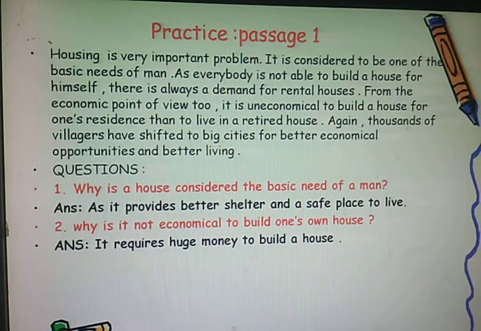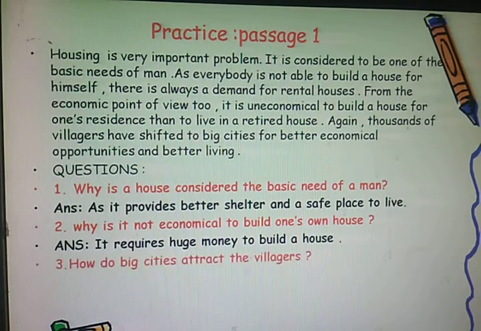Write your answer in the comment box. Check your answer, who is right and who is not. Question number 3. Again, I am giving you 1 minute. Your time starts now. How do big cities attract the villagers?